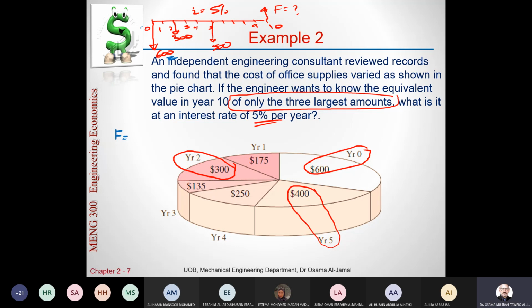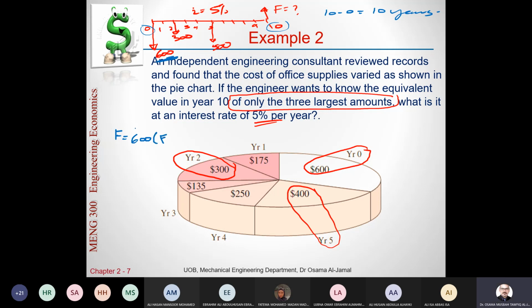We want to shift it from time 0 to time 10. How many periods is that? 10 minus 0, 10 years, 10 periods. So what is the P in here? 600.